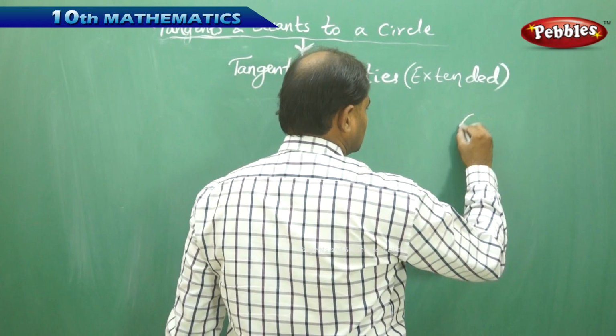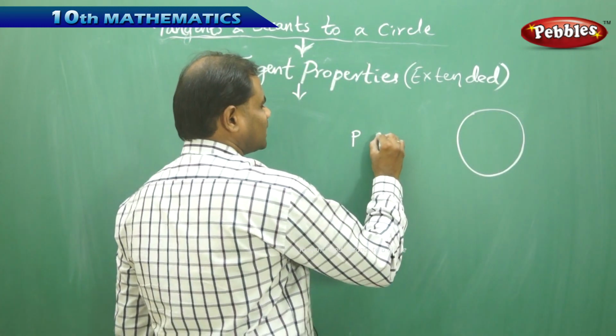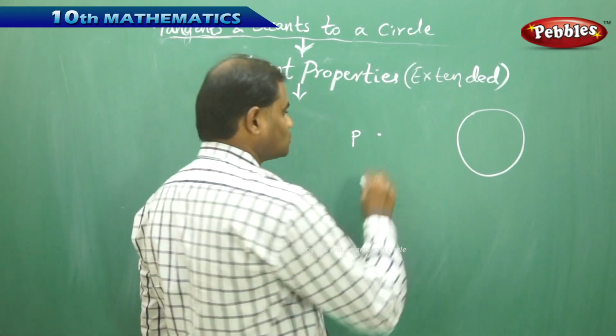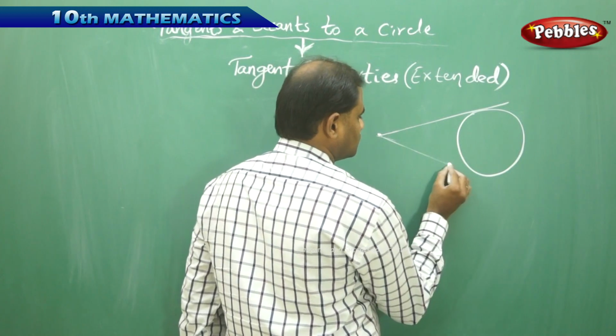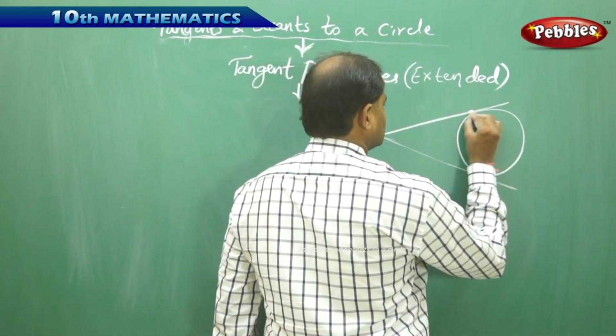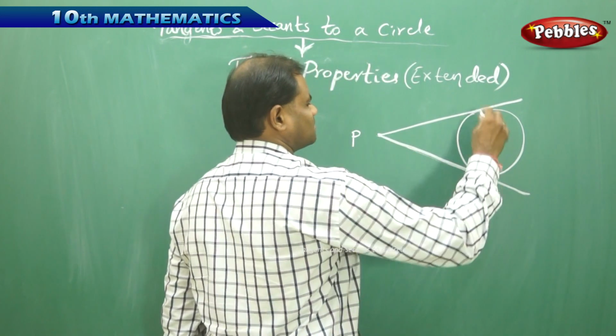if I have a circle with an external point P, then I can draw two tangents. So let's draw the two tangents to the circle, one of them here and one of them here.